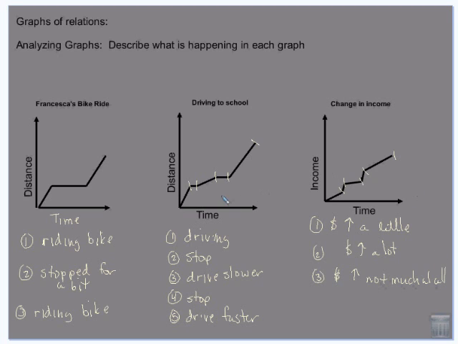I should probably number these. 1, 2, 3, 4. And then on 4, money went up a lot again. And then on 5, money just went up steadily. Does everybody agree with the interpretation there?